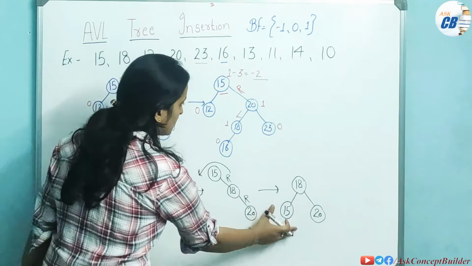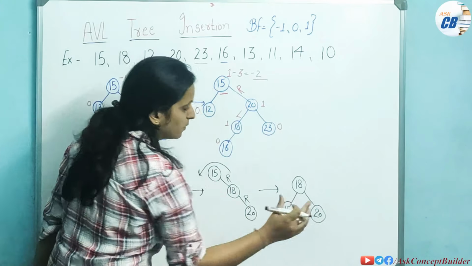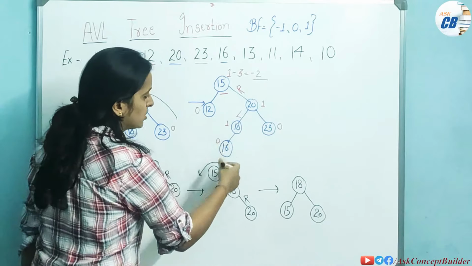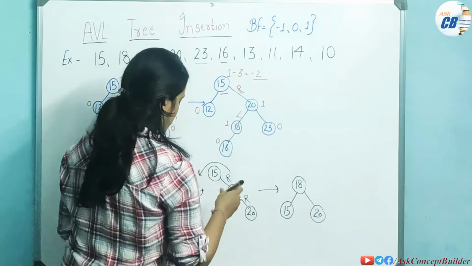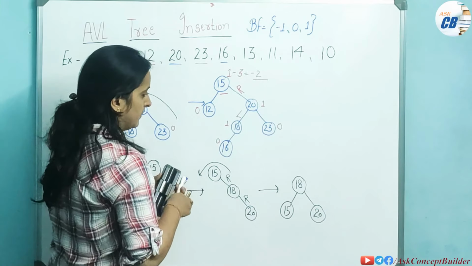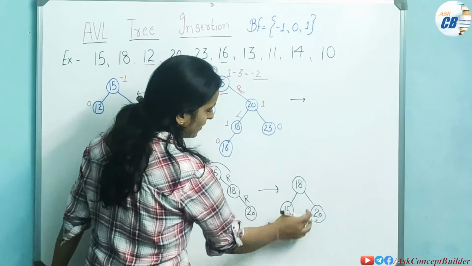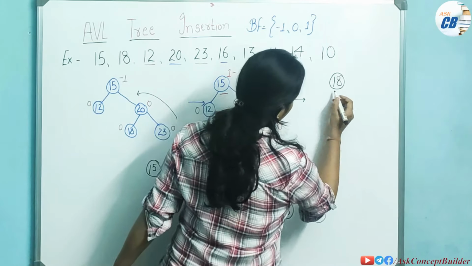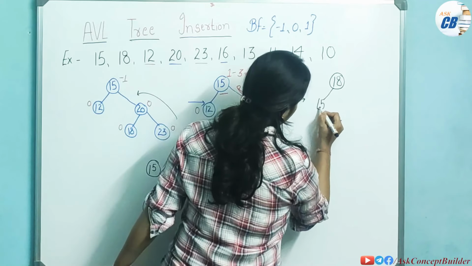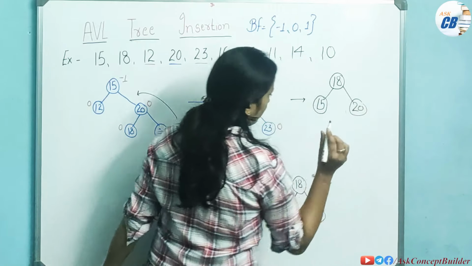Now what you have to do is simply stick this part back in this place, and then see the arrangement of the other nodes with respect to it. So first we will write here 18, then 15, and then 20. After rotation these three nodes have become like this.